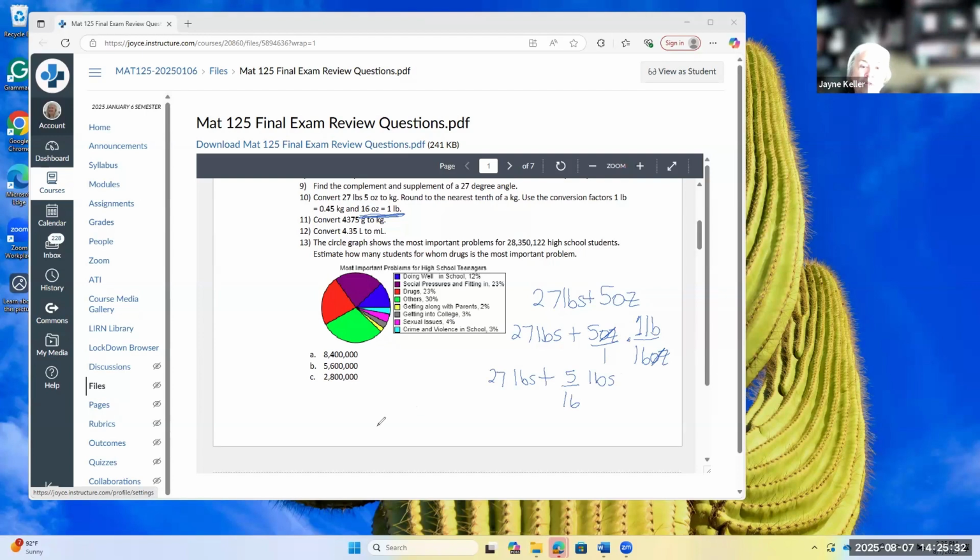So to make it an improper fraction, remember I multiply the 27 times 16 and add it to the 5 that I already had, and then I keep that denominator of 16. So I have 27 times 16 plus 5, all over 16. So far, so good?